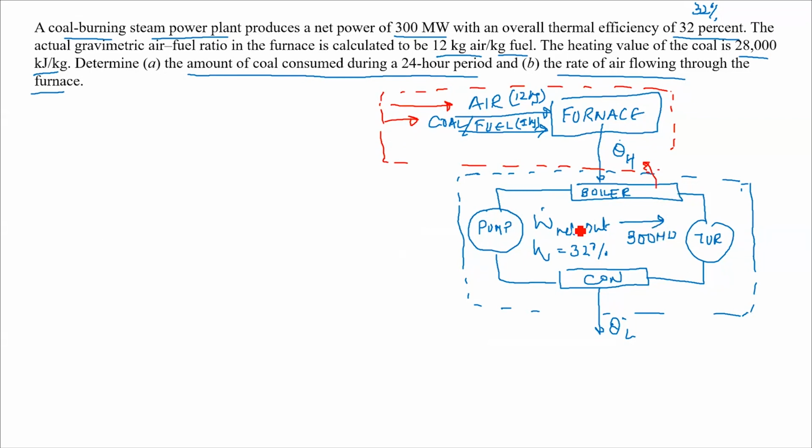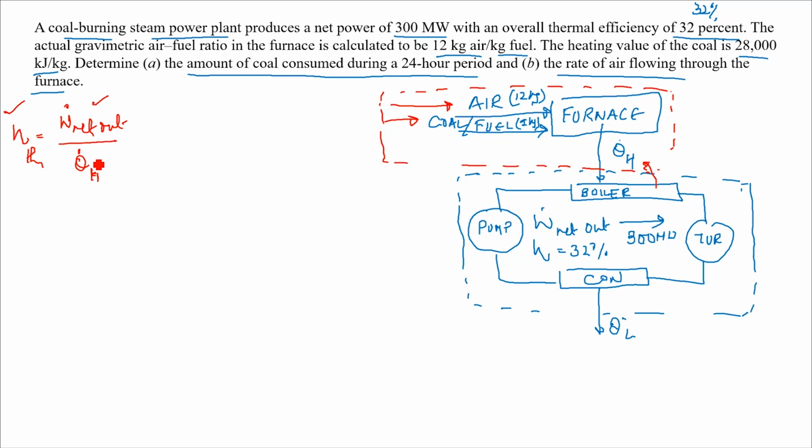So what is the first thing that I should find out? Q dot H. Very good. Heat supplied to the system. Now efficiency is given to me. The net work out is given to me.